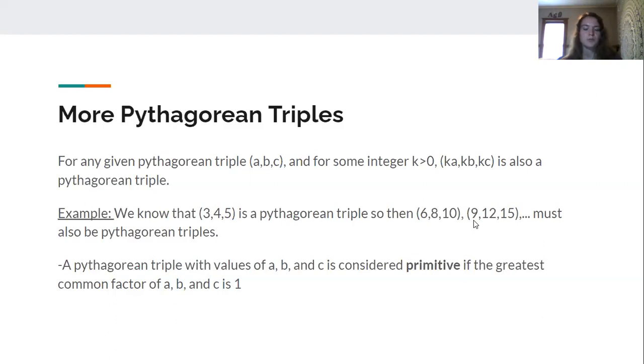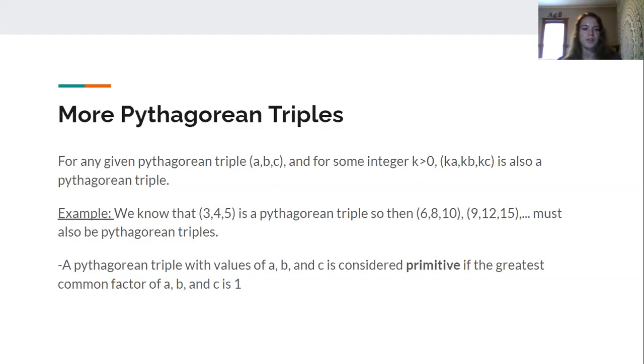So from here, it's pretty easy to see that there's an infinite amount of Pythagorean triples, because even just from the Pythagorean triple 3, 4, 5 alone, there's an infinite amount, because you can just keep doing k equals 6, k equals 7, k equals 8, and just keep using more k values. And you're going to keep getting more Pythagorean triples.